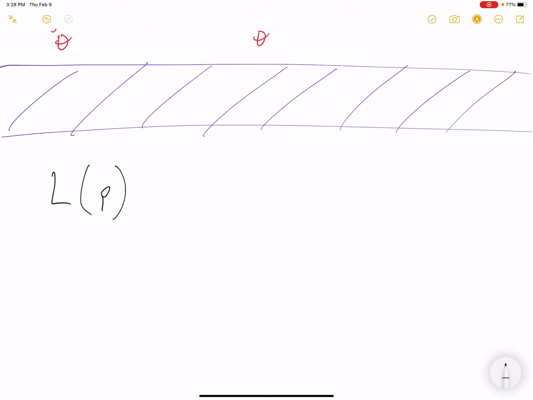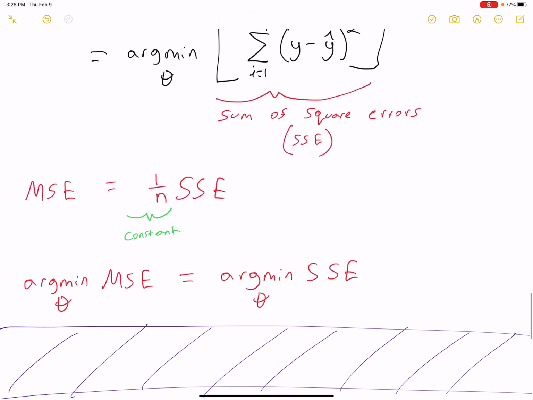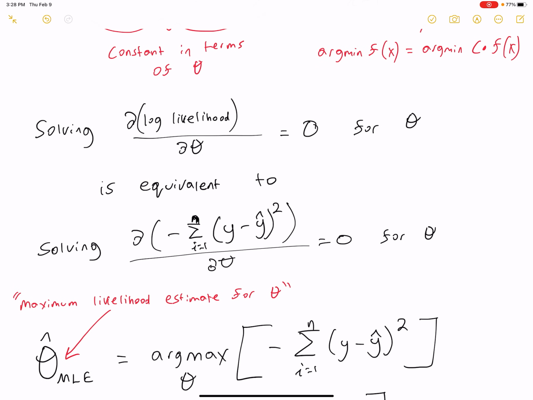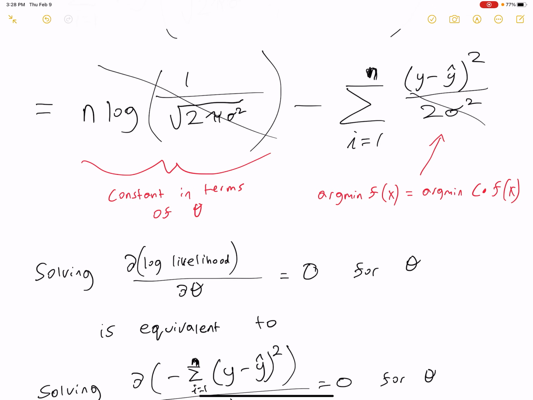I couldn't understand. Sigma is not a constant. On the right side, it's 1 over 2 sigma squared, a constant times y minus y hat squared.